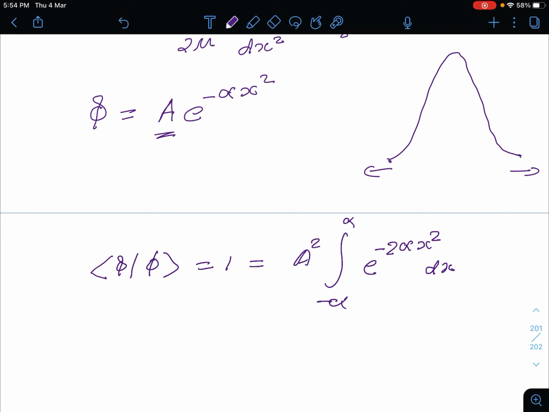So this is a Gaussian integral. Obviously you will know the value of this. Let me check it, I don't remember exactly.